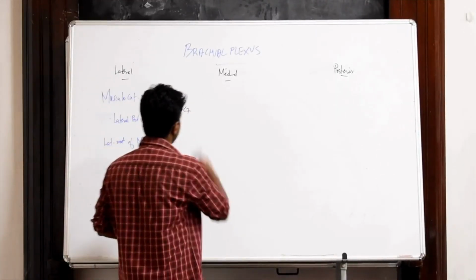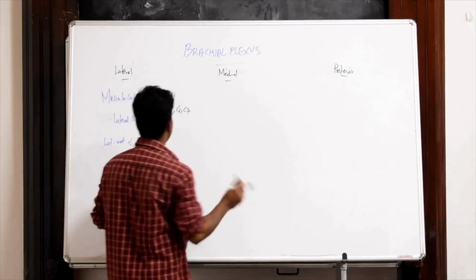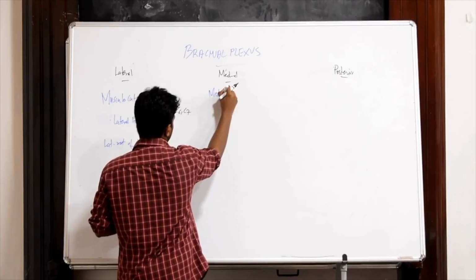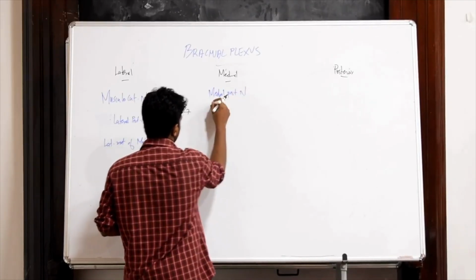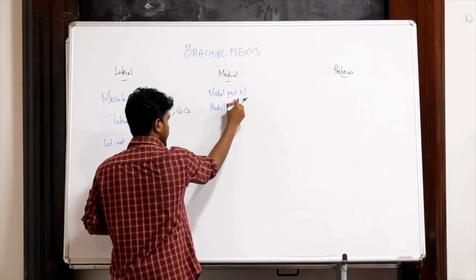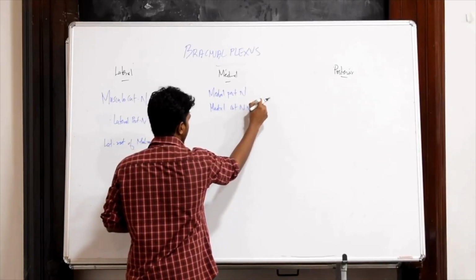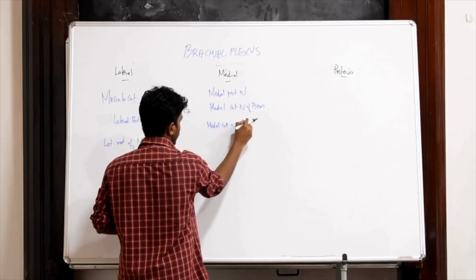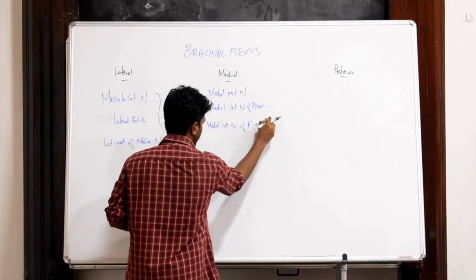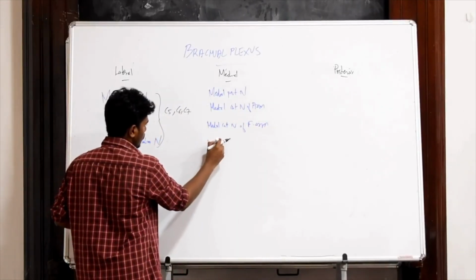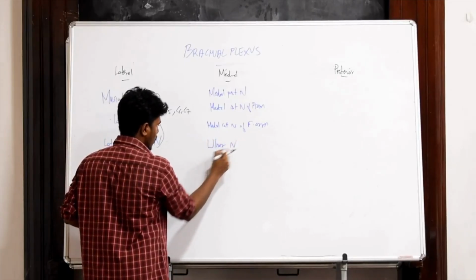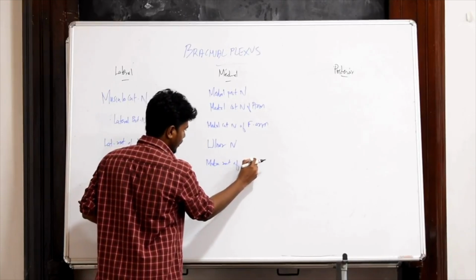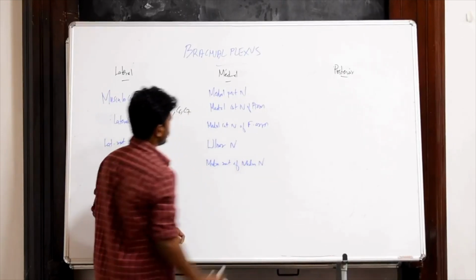Coming to the nerves in the medial cord, they are the nerves starting with M: medial pectoral nerve, then medial cutaneous nerve of arm, then medial cutaneous nerve of forearm, then we will have ulnar nerve and the medial root of median nerve.